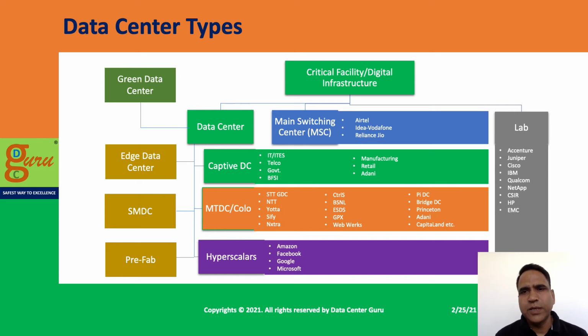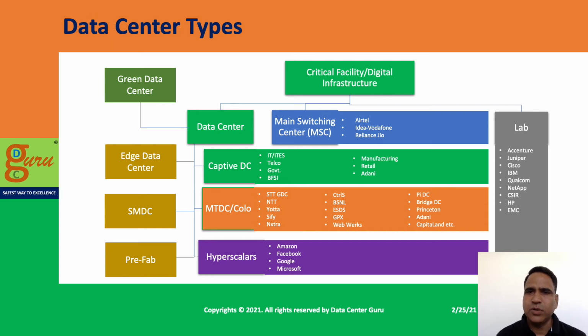Another application is the lab. There are critical facilities used by key research organizations in IT. I listed out Accenture, which has its labs, Juniper, Cisco, IBM, Qualcomm, NetApp, CSIR, HP, and EMC.